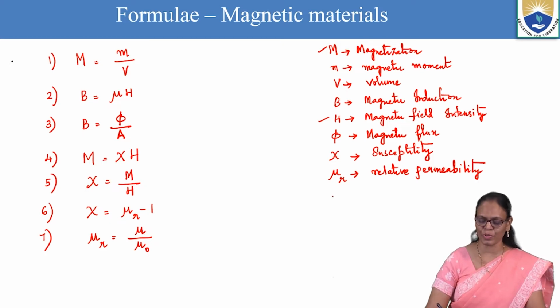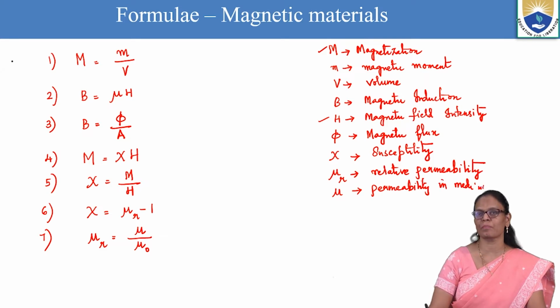Mu is the permeability in a given medium, whatever medium we are placing it in, and mu naught is the permeability in free space.